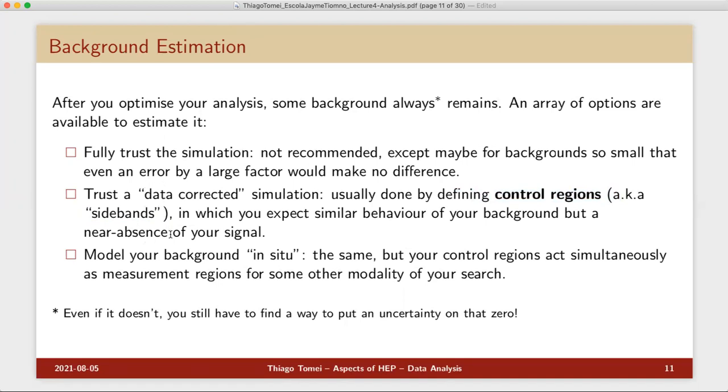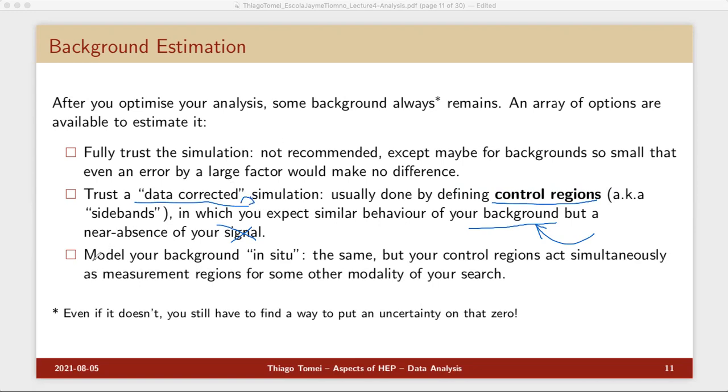And in that subtle difference, the signal dies. And then I have a region that is completely dominated by the background, but is a special kind of background that looks like my signal. And then you compare these control regions in simulation and data and use this comparison to correct the simulation.